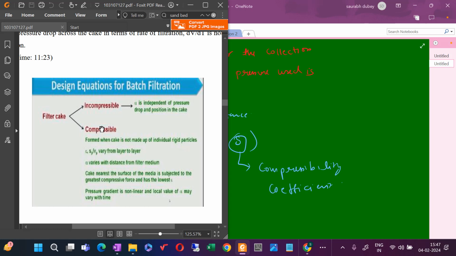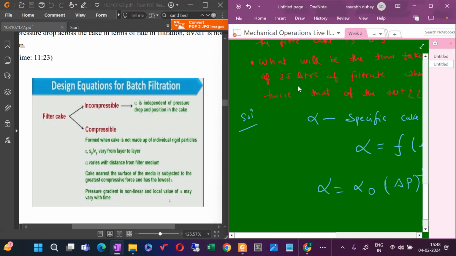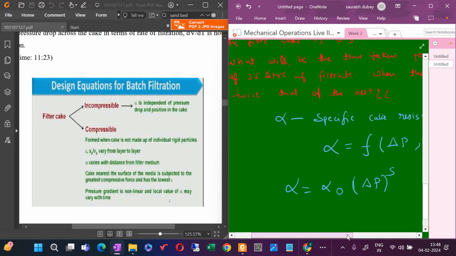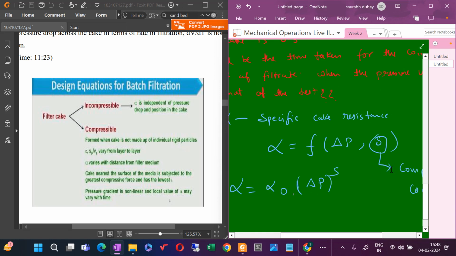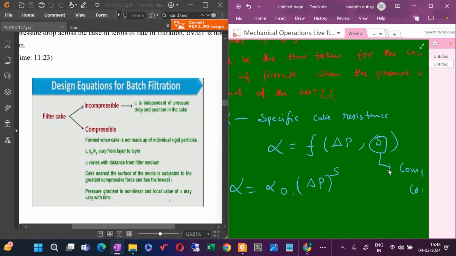For an incompressible cake, alpha is independent of the pressure drop, so delta p will not be there. For a compressible cake, alpha is dependent on delta p.